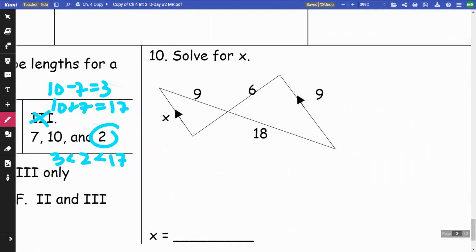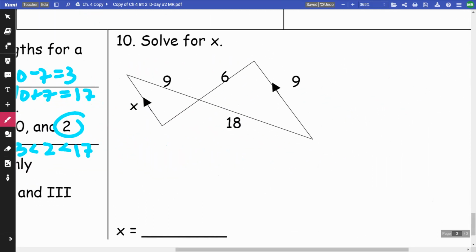On 10, I have parallel lines cut by a transversal, and I have these alternate interior angles. I also have these vertical angles. And I do have another set that would also be alternate interior angles.